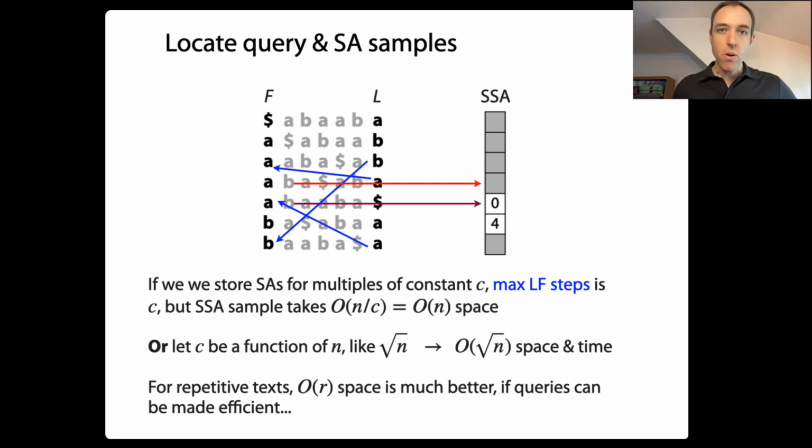What we would prefer, strongly prefer, what we need really, for repetitive texts is something that depends on r and does not depend on n, or only mildly depends on n. So for a repetitive text, we want to be able to answer locate queries in big O of r space, if we can do it, and if these queries are still efficient after we manage to reduce the space footprint in this way.